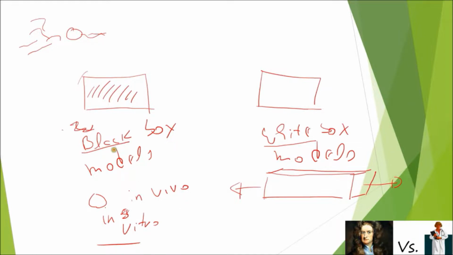So the majority of the boxes in biology will be black box somehow. The white box models, in which you know exactly what's going on, are what's called toy models. A toy model is a model that works just in theory. They are based on first principles, on ideas that can be confirmed by experiment, but unfortunately they cannot be applied in real cases. That's one of the big problems.